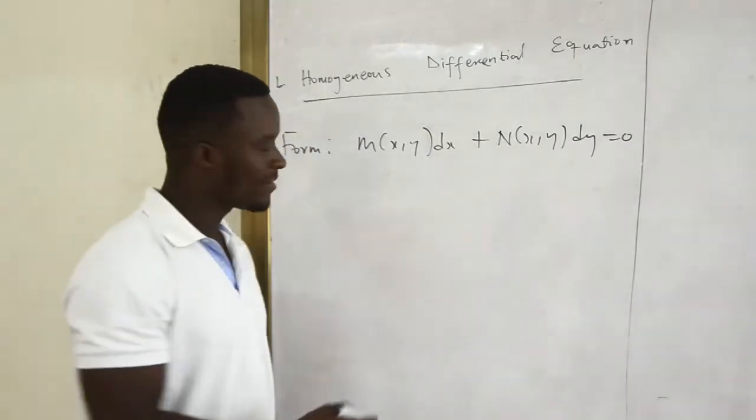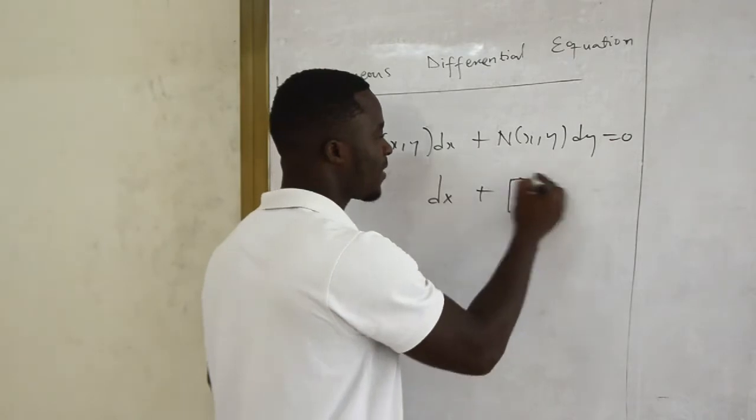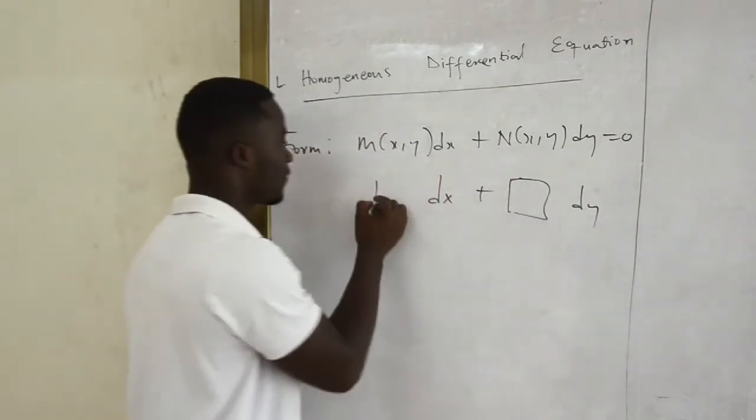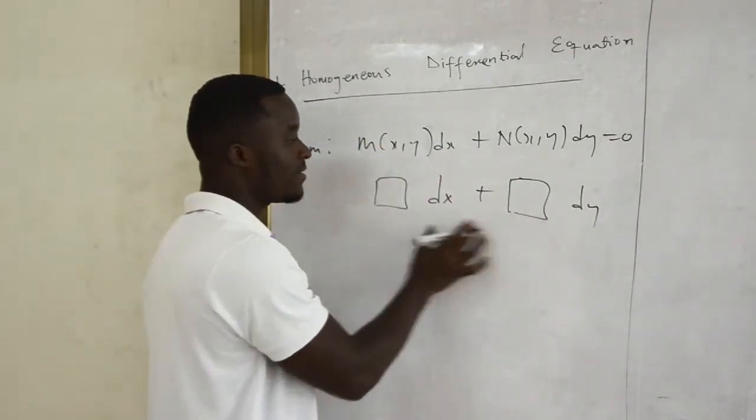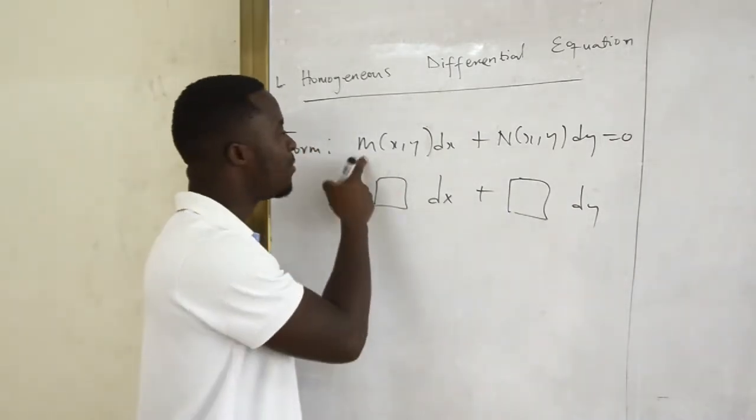The trick here is that we will have something dx plus something dy. The one multiplied by dx will be your m of x, y.